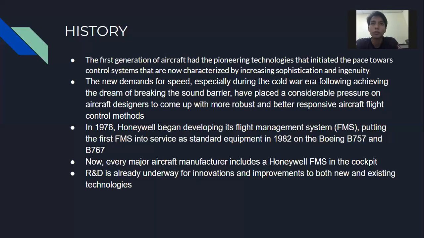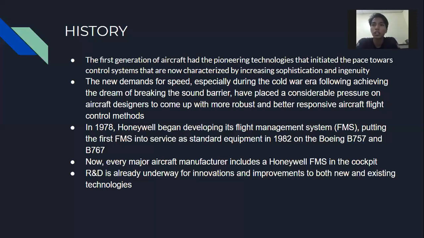For flight management, in 1978, Honeywell began developing its flight management system, putting the first FMS into service as standard equipment in 1982 on the Boeing B757 and B767. Now, every major aircraft manufacturer includes a Honeywell FMS in their cockpit.